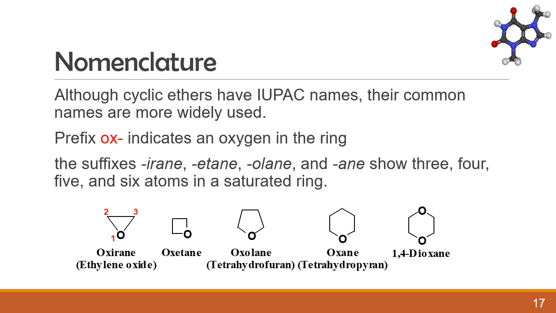So, oxirane has 3 atoms in its ring. Oxetane has 4 atoms, oxolane has 5 atoms, and oxane has 6 atoms. A cyclic ether with 6 atoms in its ring, wherein 2 of those atoms are oxygen, is called dioxane.